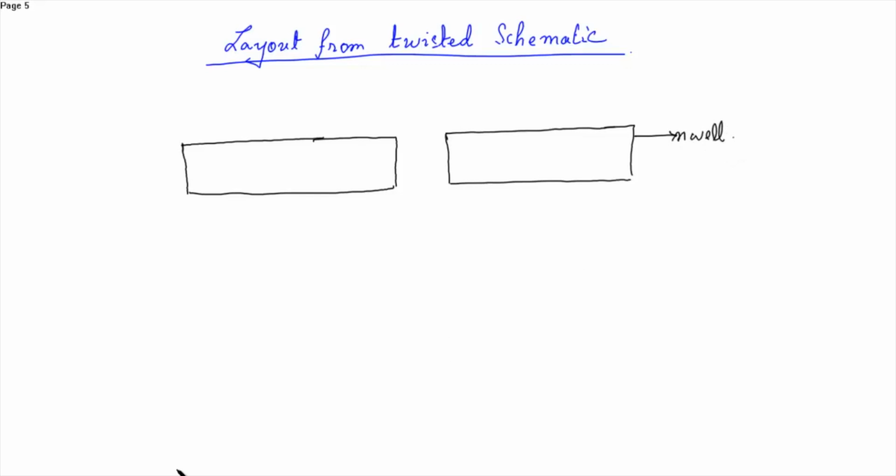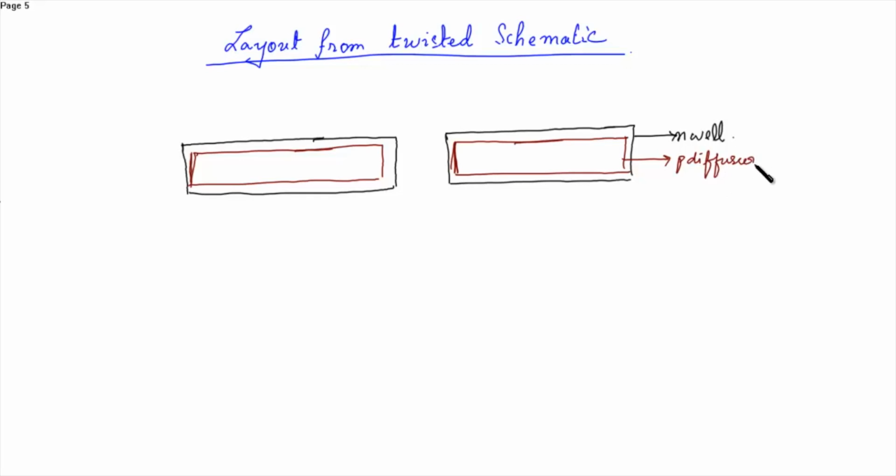After drawing the N-well, now draw the N diffusion layer. The P diffusion layer for PMOS and the N diffusion layer for NMOS. And let's say this is the P diff layer.